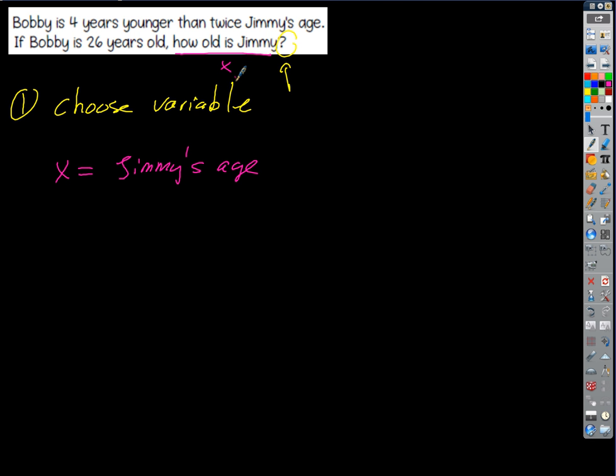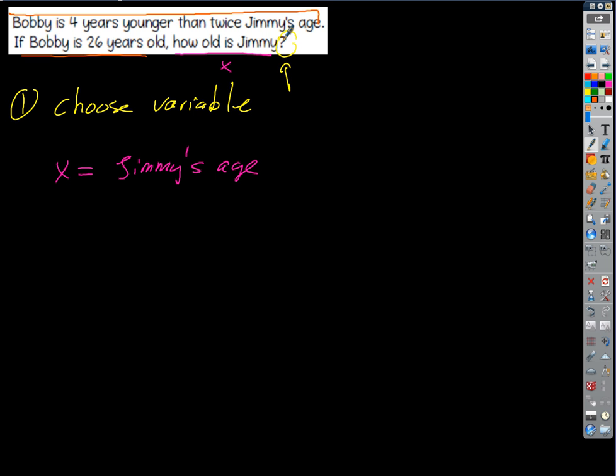So if Bobby is 26 years old, how can we make an expression to represent this? Bobby is 4 years younger than twice Jimmy's age, and Bobby is 26. You're on the right track. How do we say this first part? What's twice Jimmy's age?